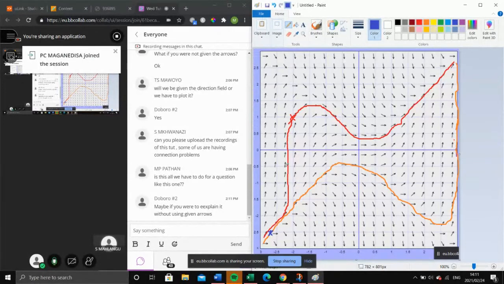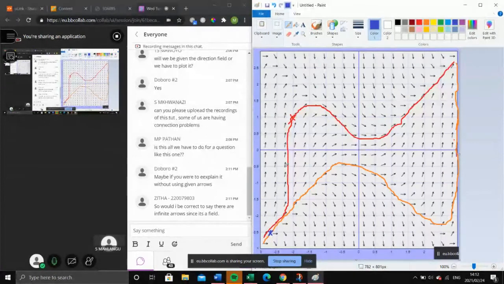Maybe if I were to explain it without using the given arrows. Yes, there are infinitely many arrows. We have just chosen some arrows, in the sense that I can zoom in and I would have infinitely many arrows.